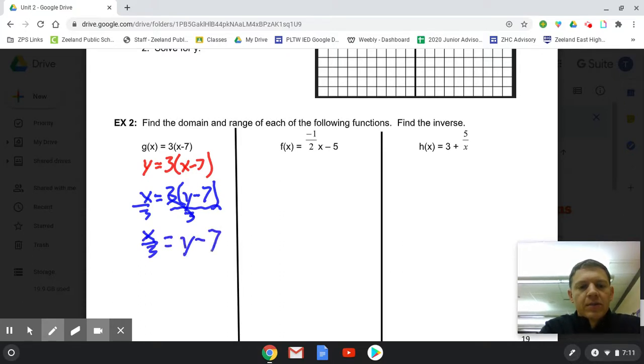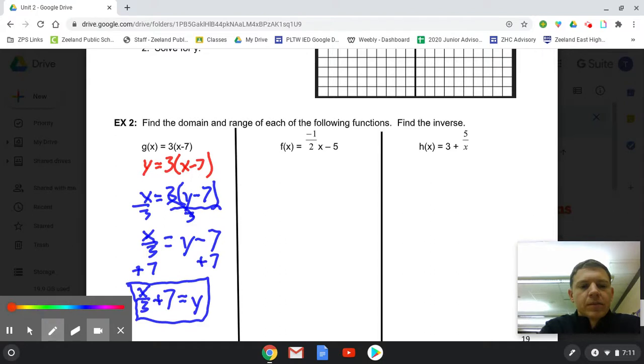That's all that's left. Now I can get rid of the 7. And I have x over 3 plus 7 equals y. That is the inverse.